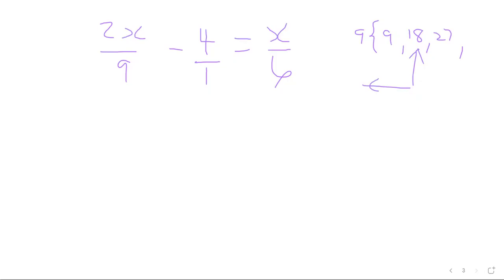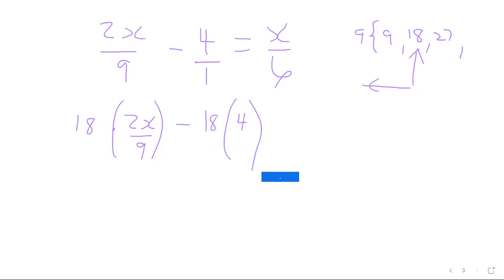So each term should get the 18 distributed to it. So you multiply the first one by 18, or you could put it in parentheses. And then minus 18 times 4, or 4 over 1, equals 18 times x over 6.